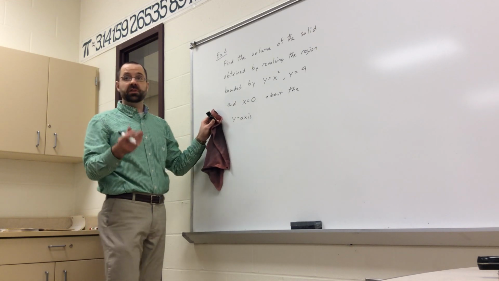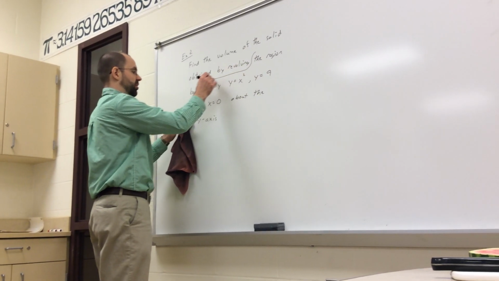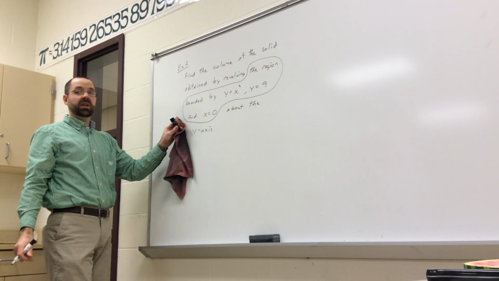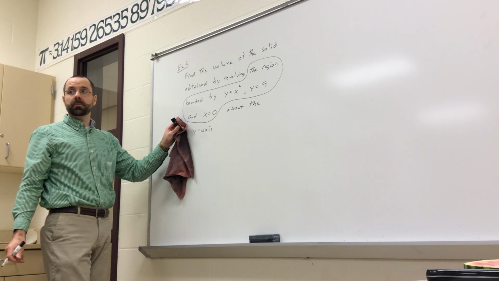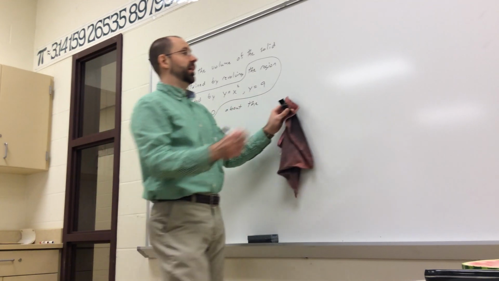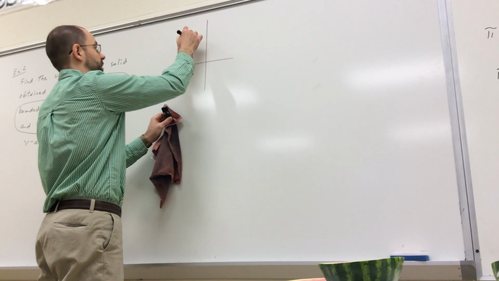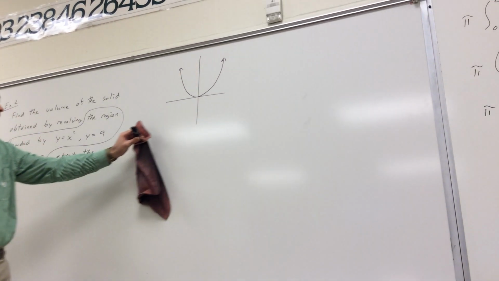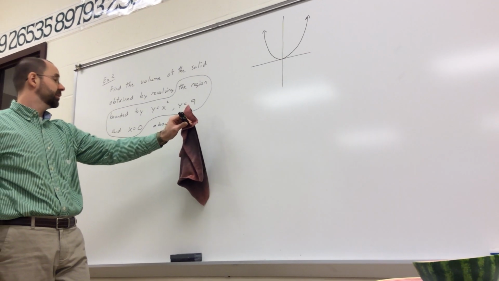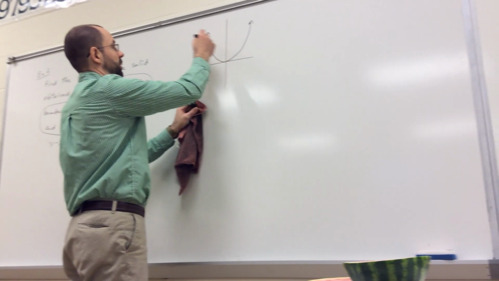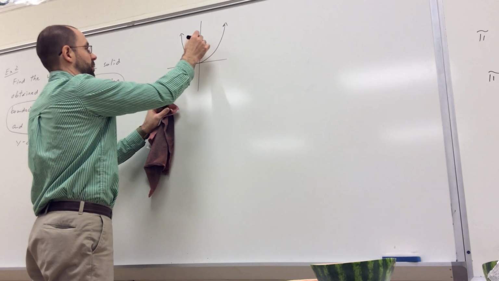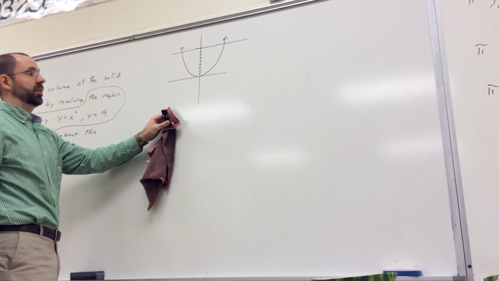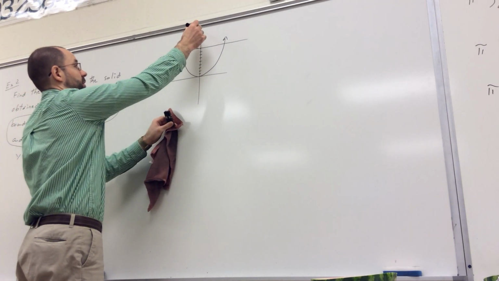So I always start with the bounded region. So this is what we're focusing on first. The region bounded by y equals x squared, y equals 9, and x equals 0. So y equals x squared looks like this. Y equals 9 looks like this. And x equals 0 looks like this.